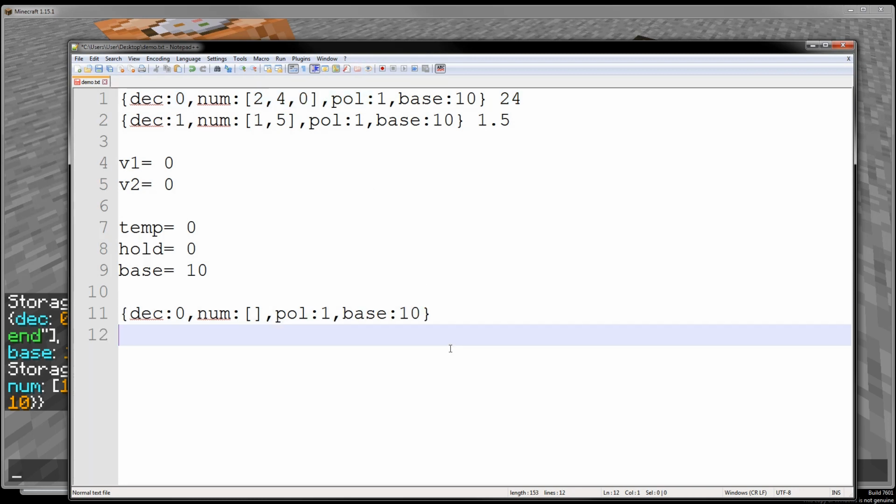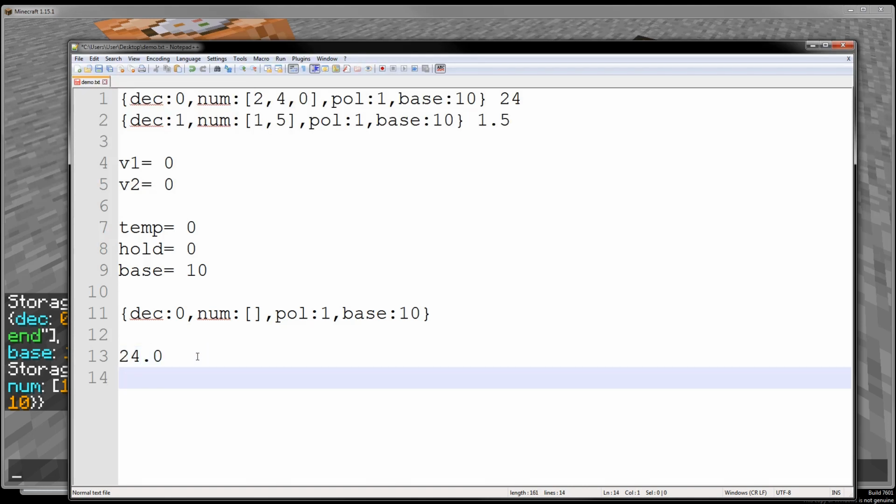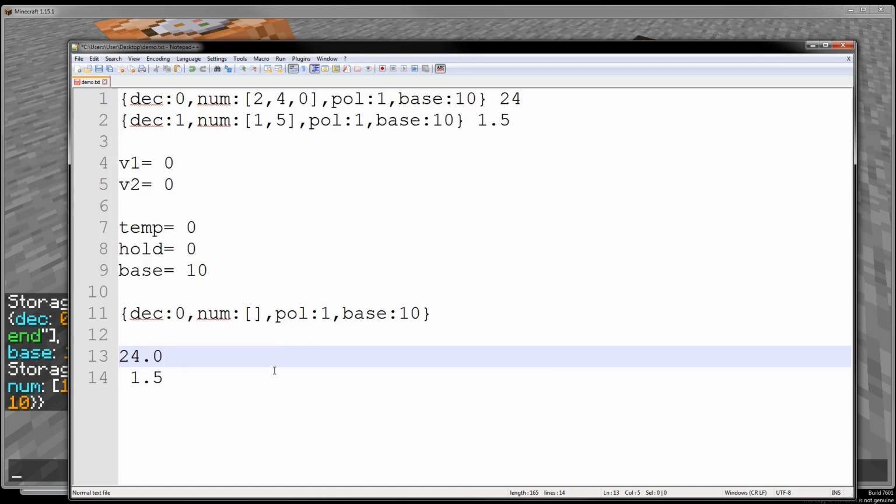Basically, if I take these two numbers and add them conventionally, it is 24.0 plus 1.5. Adding the 0 here shifts this number over, so instead of this, it is this. Then I can do all that again.